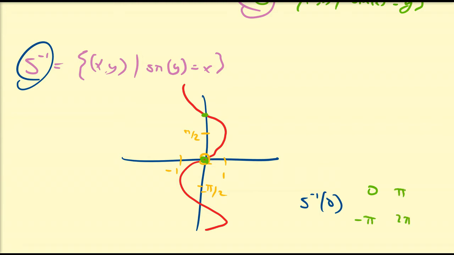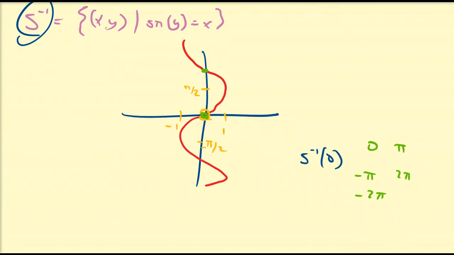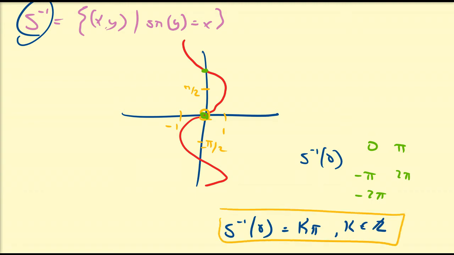It's going to go to 2 pi, minus 2 pi. And it's going to continue on forever, right? So we have infinitely many values. In particular, s inverse of 0 is going to be equal to k pi, where k is an integer. Right? So infinitely many values. But nonetheless, s inverse is a multifunction.